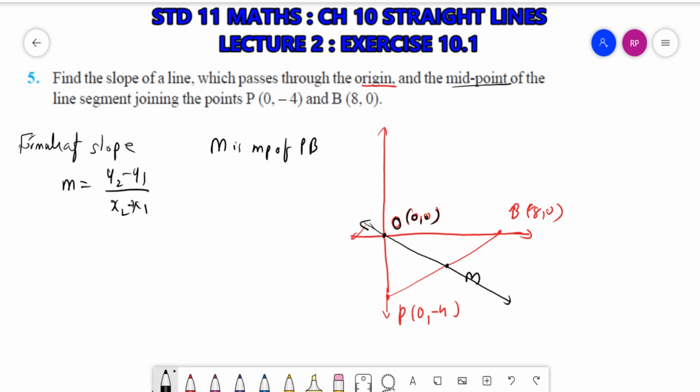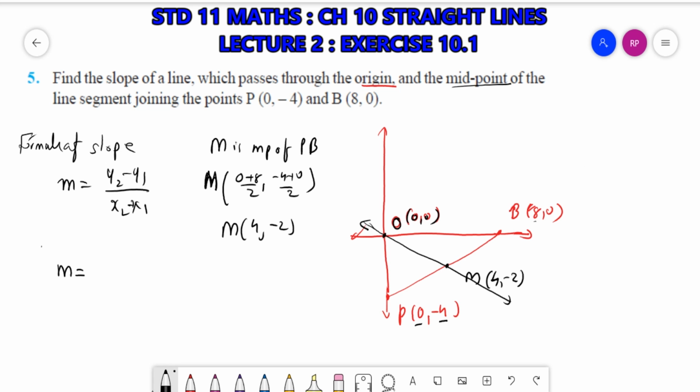So what are the coordinates of the midpoint? It will be (x1 plus x2) by 2, (y1 plus y2) by 2. So M will be, this is capital M, not the M for slope. So x is 0 plus 8, and y is minus 4 plus 0, by 2. The coordinates of M will be 0 plus 8 by 2, that is 4, and minus 4 by 2, that is minus 2. So here slope m will be equal to, now 2 points are given, M (4, minus 2) and the origin.